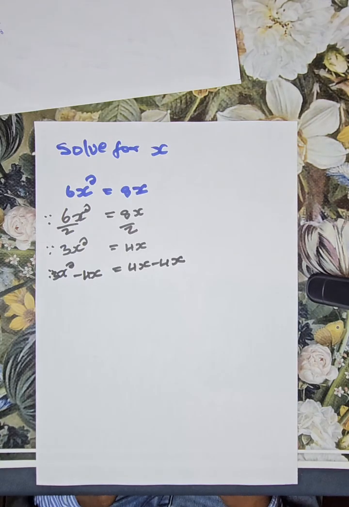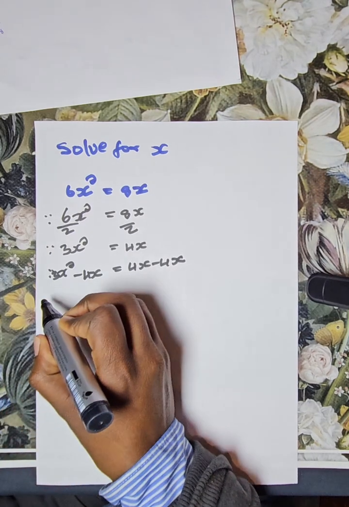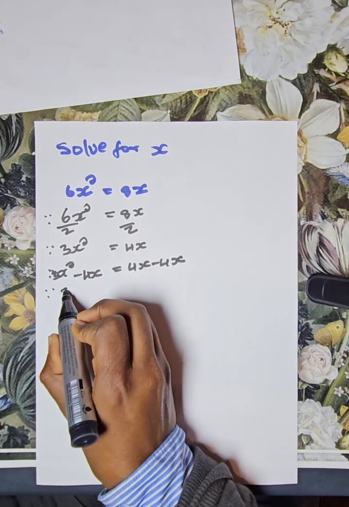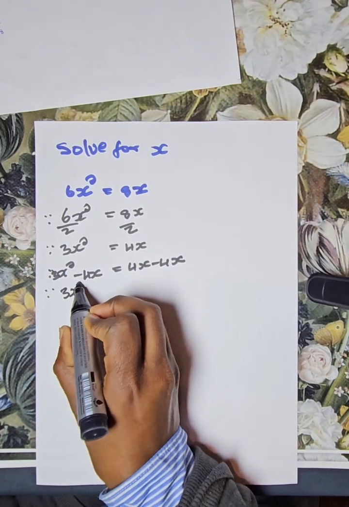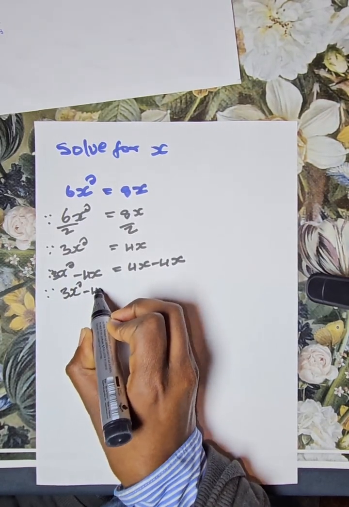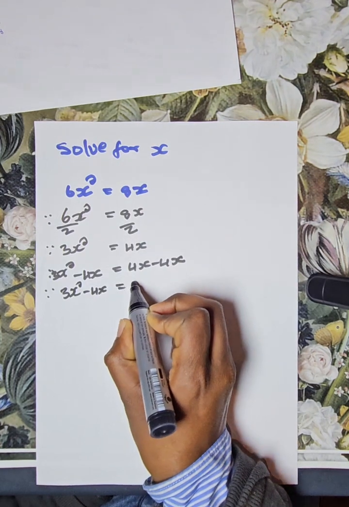We're going to get rid of the 4x on the right side of the equal sign. How? We subtract 4x, and we do it to the other side too. That's the golden rule of the equation. This leaves us 3x squared minus 4x equals 0.